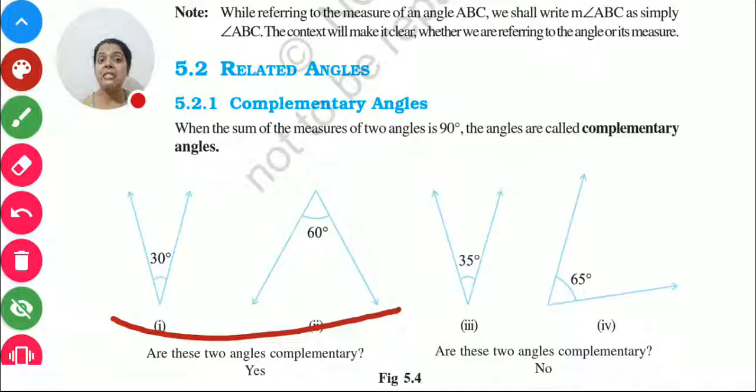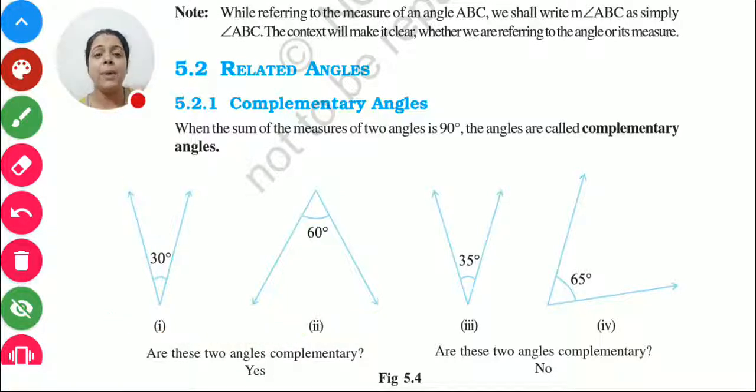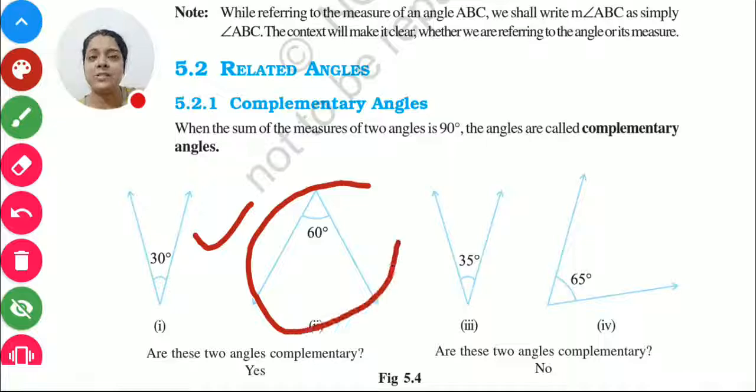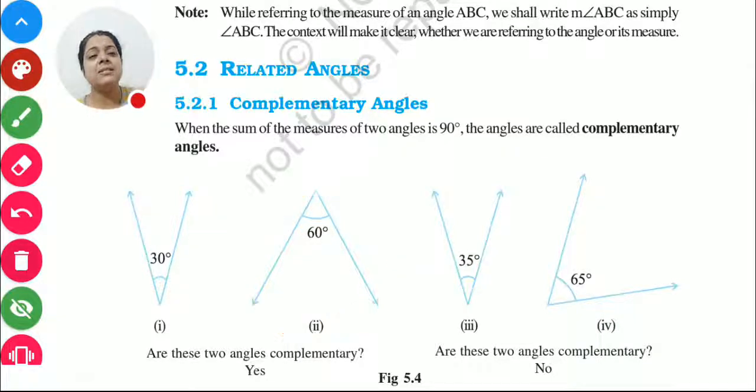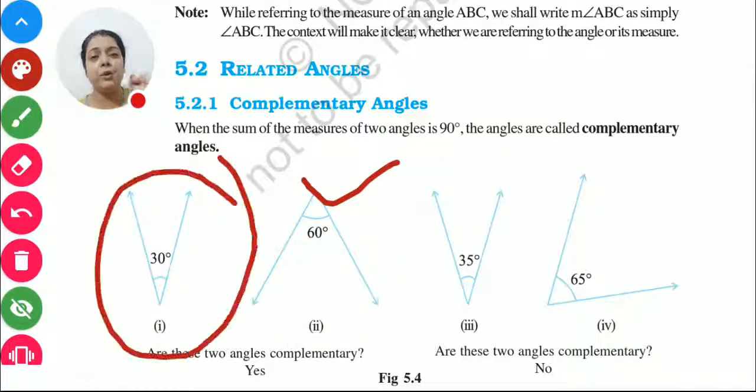Now what else do we get to know about complementary angles? We find 30 degrees is the complement of 60 degrees, and 60 degrees is the complement of 30 degrees. What does complementary mean? Both of them are added together, and only then can they form a 90-degree angle.